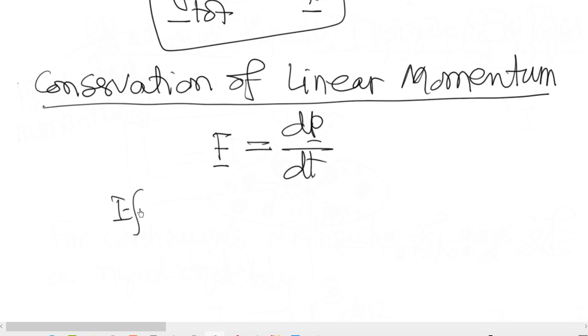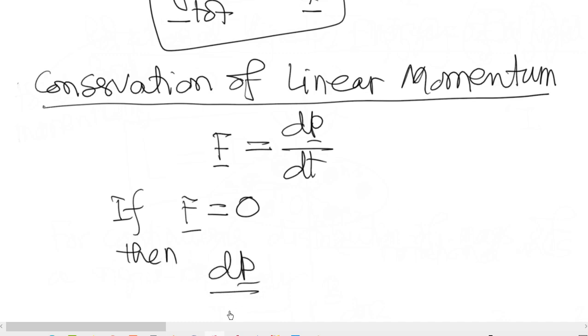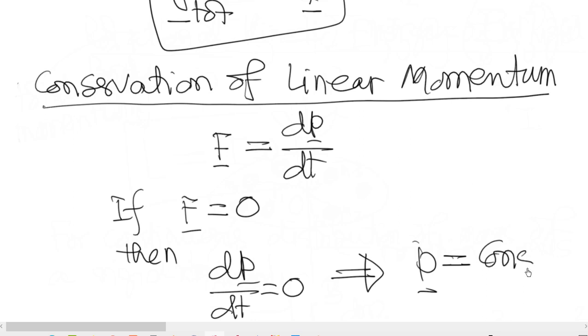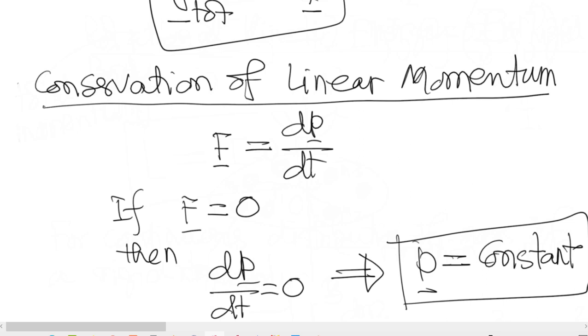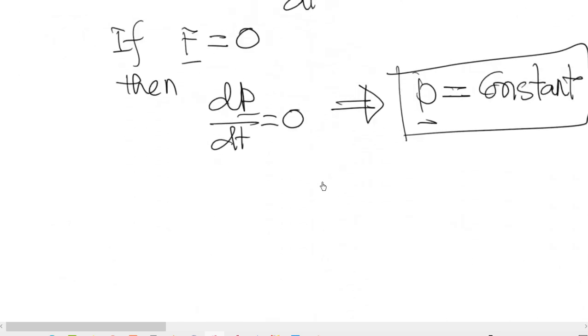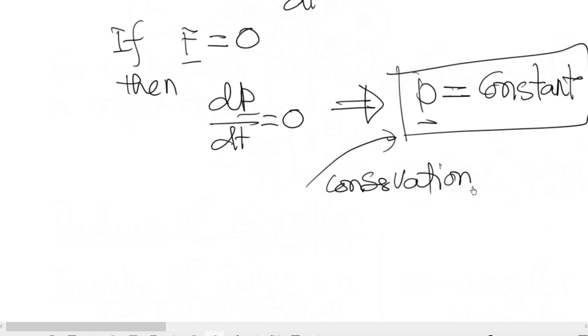If the force acting on a particle or system of particles is 0, then dp by dt equals 0, which gives us that the linear momentum is constant in time, and this is known as the conservation law of linear momentum for a system.